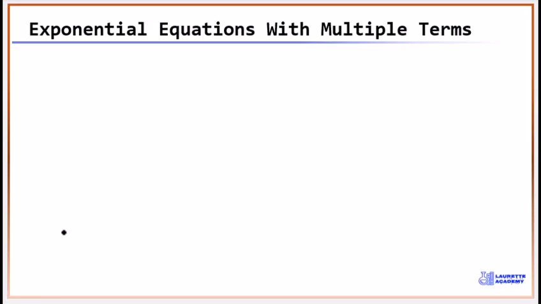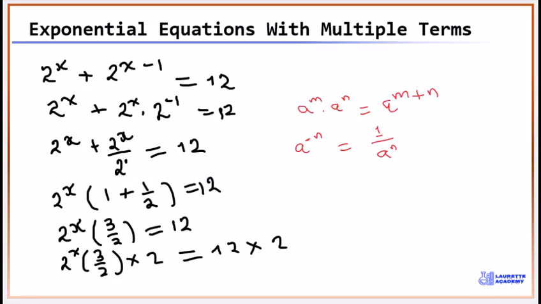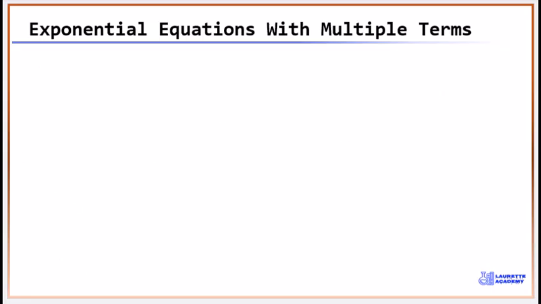When we do that, the 2s cancel, and we end up with 2 to the power x times 3 is equal to 24.